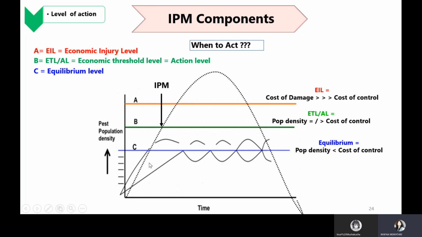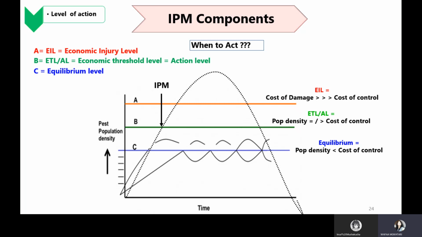So this is a kind of graph that every pest population or even disease population has. Okay? So if you have this pest population density graph, you would know the action level. So you would know where to practice the IPM. With expertise, with time, you will learn this.